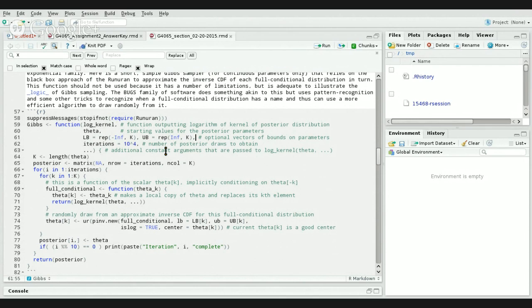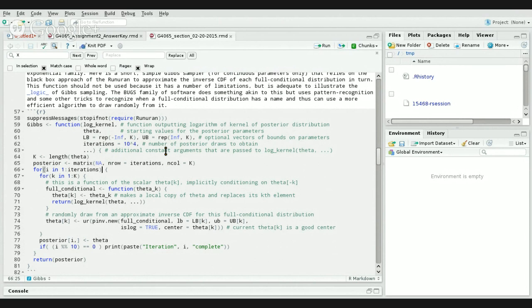So we take in the arguments: a log kernel of the posterior distribution, initial values that are guessed for the parameters, any lower and upper bounds for those parameters, and how many draws we want to obtain from this posterior distribution.